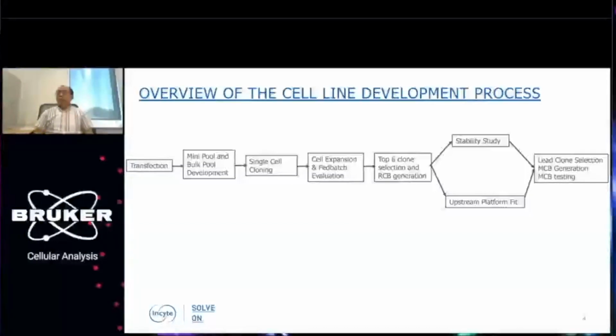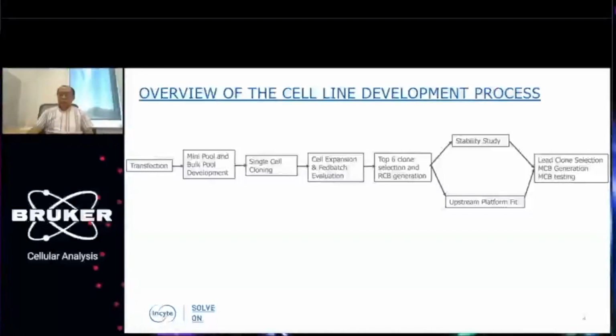Then we will perform stability study, and upstream we will perform platform fit study. Based on the data, we will perform lead clone selection, MCB generation, and MCB testing. Then the MCB will be released based on the testing results.